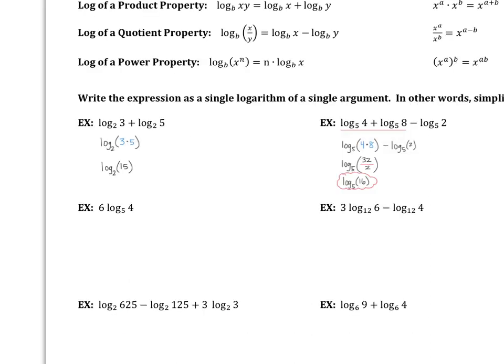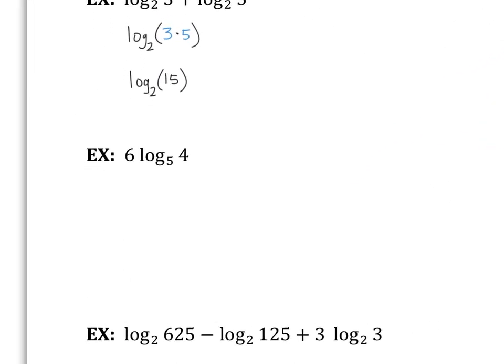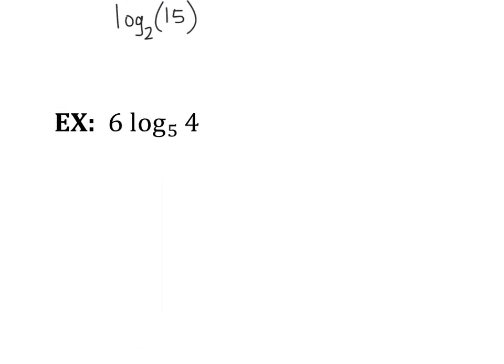All right, let's go on to the next example and see how we do here. So this time we have 6 times log base 5 of 4. So what I notice is we've got this coefficient. So remember the rules. If we have this coefficient, we can move it to the power of our argument.